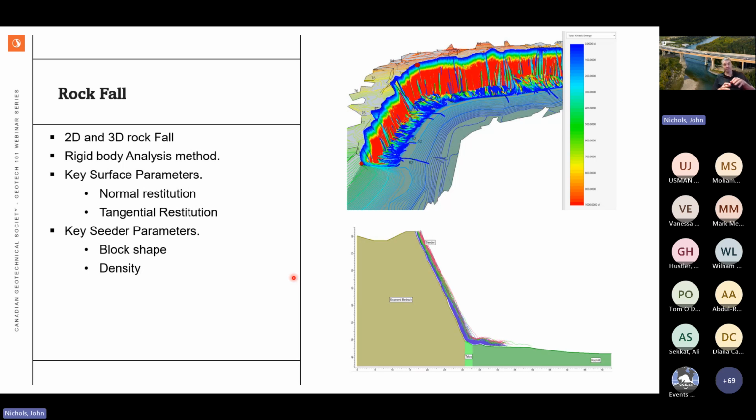The surface parameters that we apply to the rock surface will dictate, once they impact it, what energy will be transferred to the next bounce. We run these tests thousands of times. We can see where it typically rolls out. We can change the shape, the initial velocity, stuff like that. So this approach is how we look at rockfall.